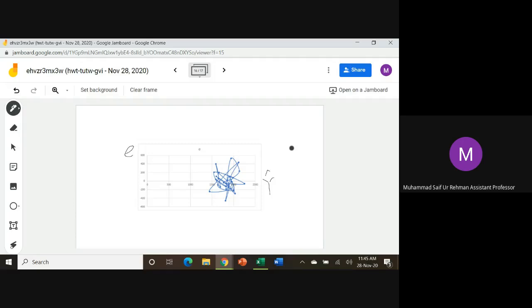Then the second assumption was, write down, the variation in the residuals is the same for both large and small values of y hat.